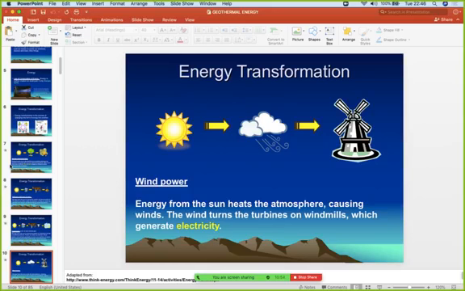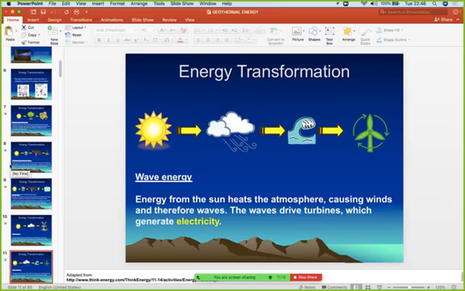So later on, the wind turns the turbines on windmills. You have a turbine on top of the blade, of the turbine blade, which generates electricity. So that is the wind transformation of energy.